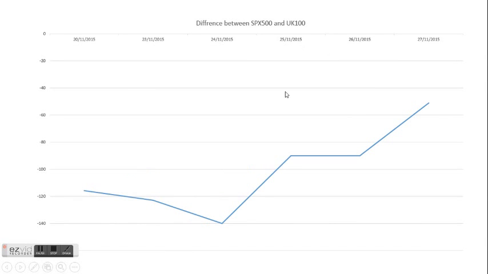Back on the UK 100, we moved further apart through till Tuesday, then a big jump together on Wednesday, and another big jump on Friday. We're going to look at what caused that in a bit. We're just going to take a look at how I trade now.